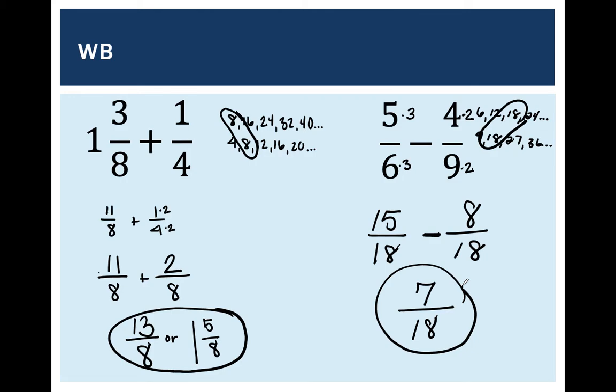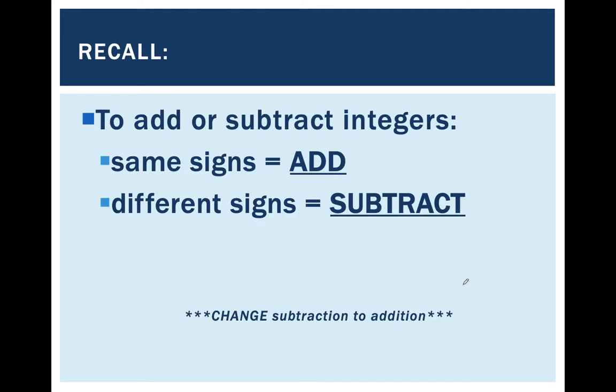Okay, so that is how you add and subtract fractions, as long as they are all positives. What I'm going to review now is what to do if there are negatives involved. So this becomes a little bit more complicated, although the general steps are still the same. So remember, in the last chapter, we talked about adding and subtracting with integers, positive and negative numbers.